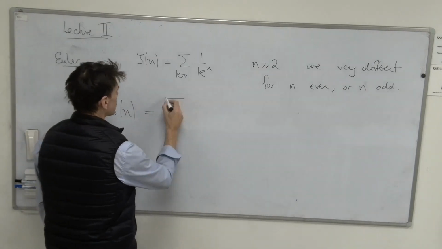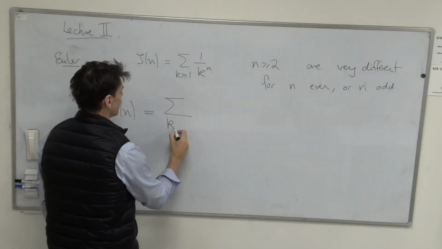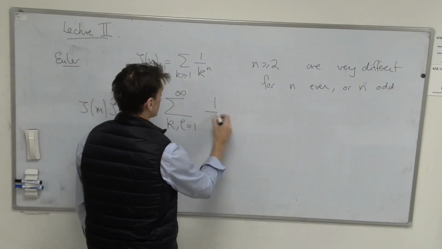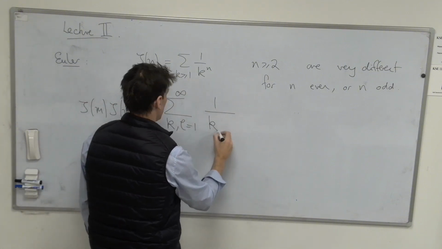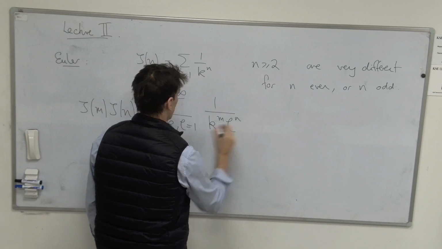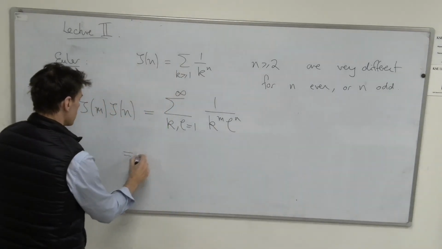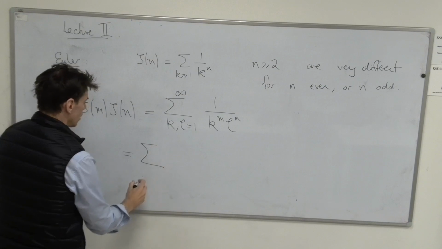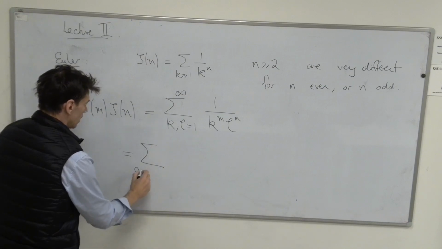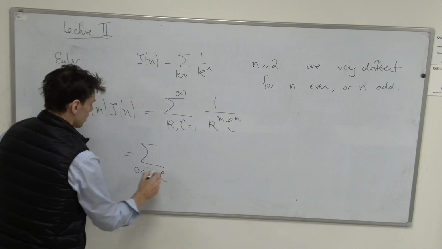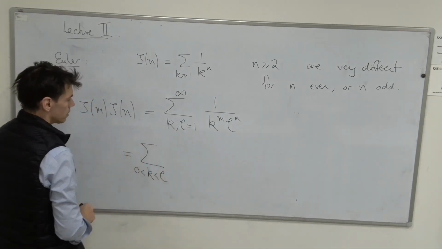So he writes this as the sum of 1 over k to the m times 1 over l to the n. So this is a double sum. And he notices that this sum can be broken into different pieces.